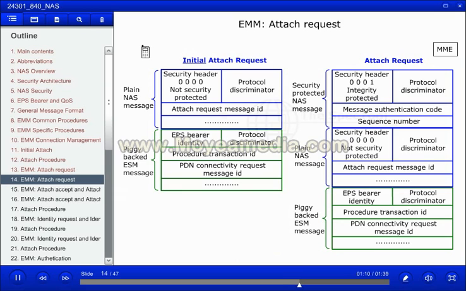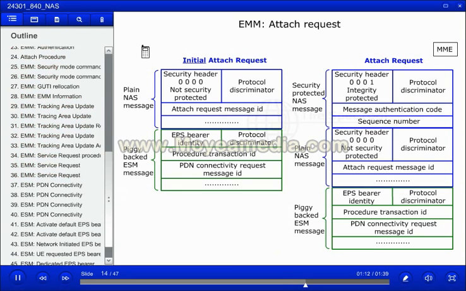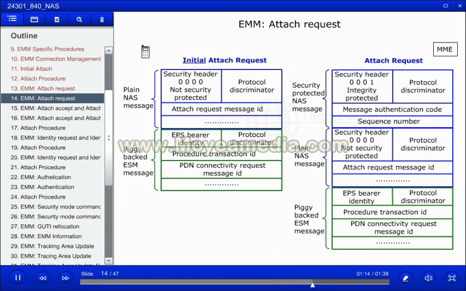This attach request will therefore be integrity protected with old keys. So the first message is a security protected NAS message, and in the field called security header, the integrity protection is indicated. After that, the plain EMM and plain ESM messages follow.